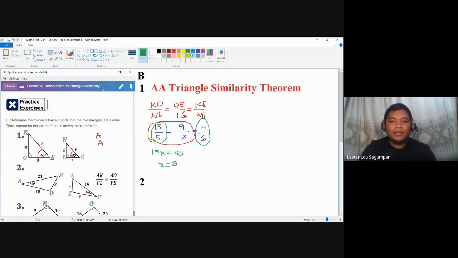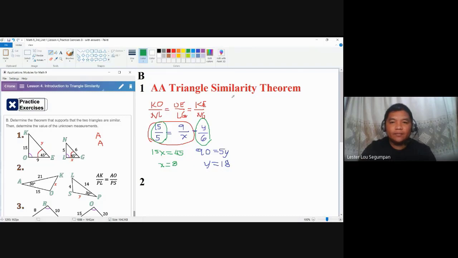The fundamental law of proportion makes this 15 times 6, which is 90, equal to 5y. Divide both sides by 5, y is equal to 18.